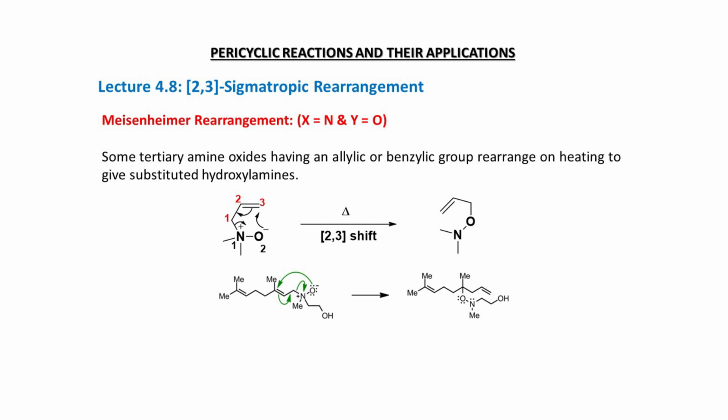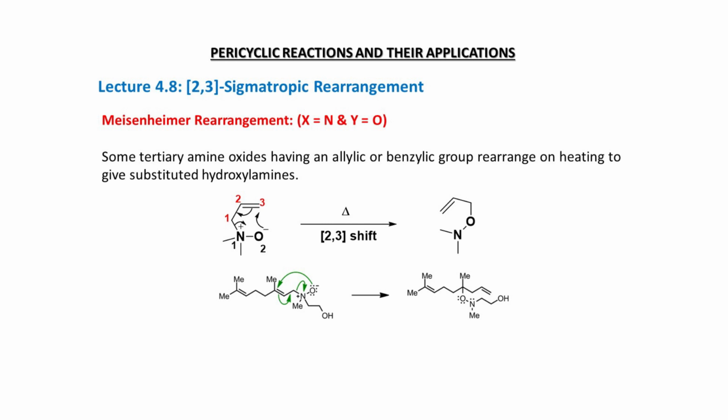In the case of the Meisenheimer example, what you can observe here is X being a nitrogen atom and Y being an oxide. That means typically the Meisenheimer rearrangement talks about N-oxides undergoing the 2,3 sigmatropic rearrangement. So how do you define this rearrangement?